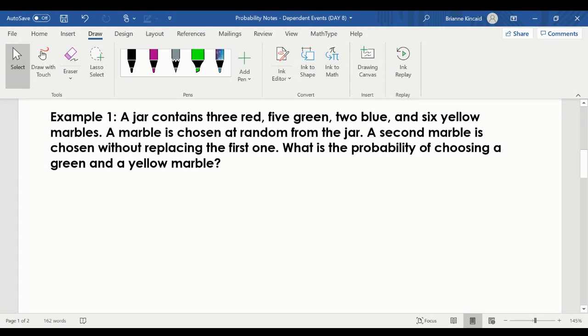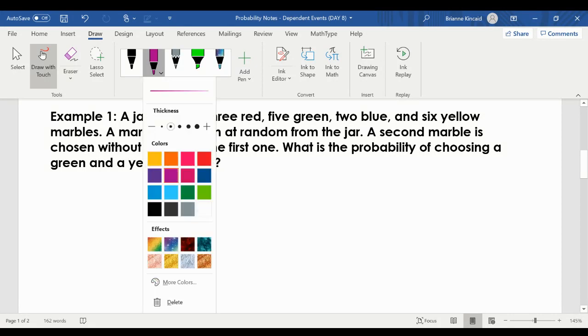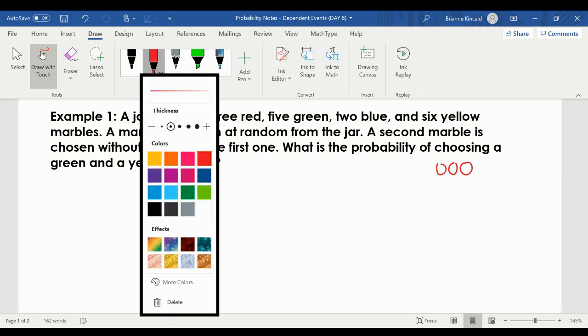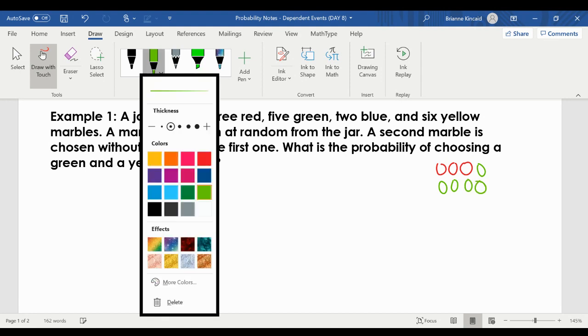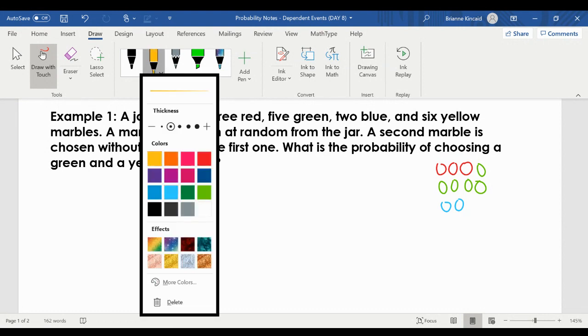So the first example, we did this one in the independent, same kind of scenario. A jar contains 3 red, 5 green, 2 blue, and 6 yellow marbles.